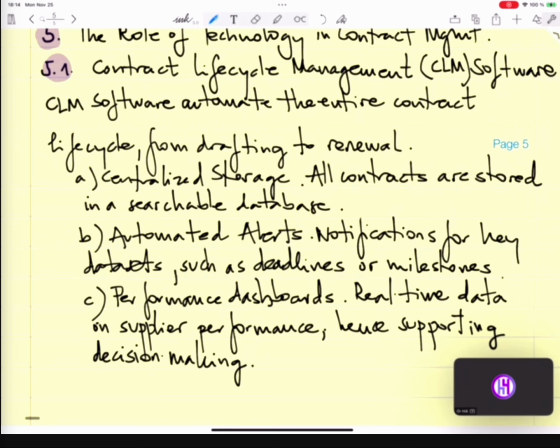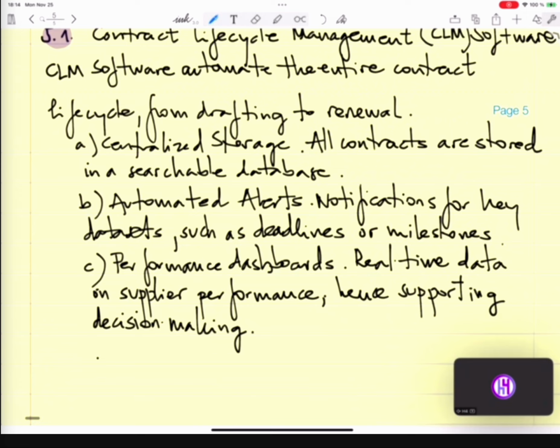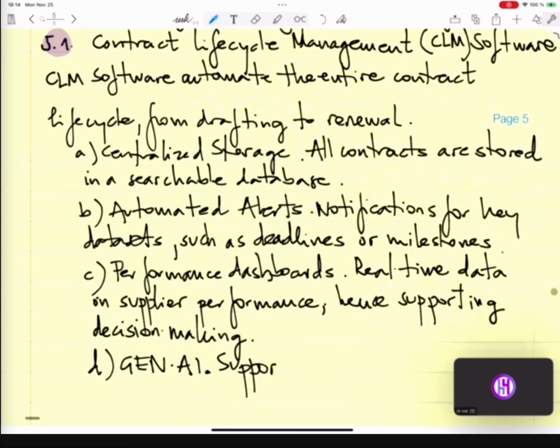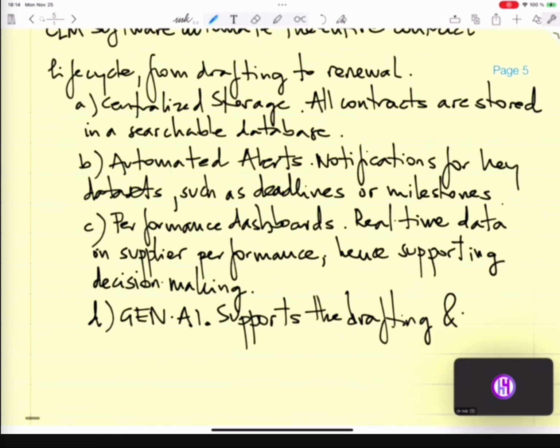You can also have some generative AI that supports the drafting and negotiation of your contract terms.